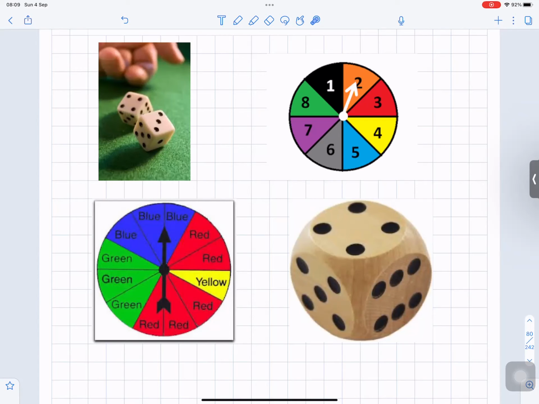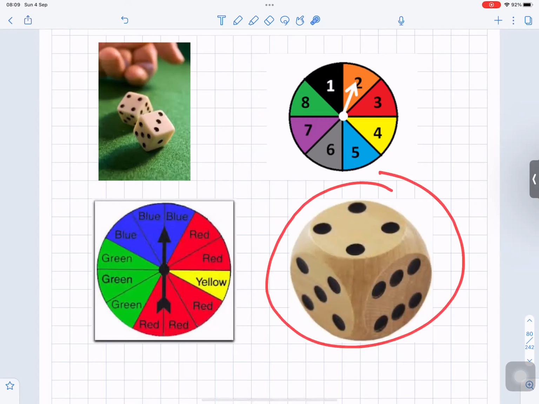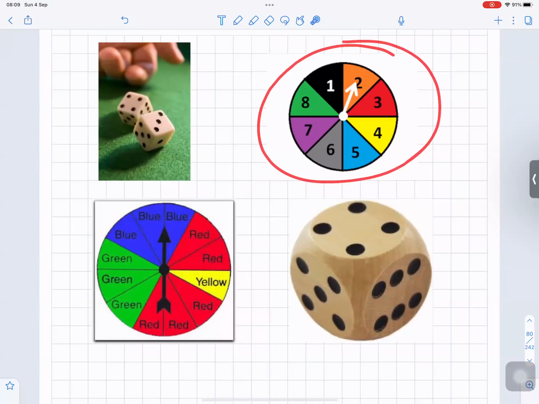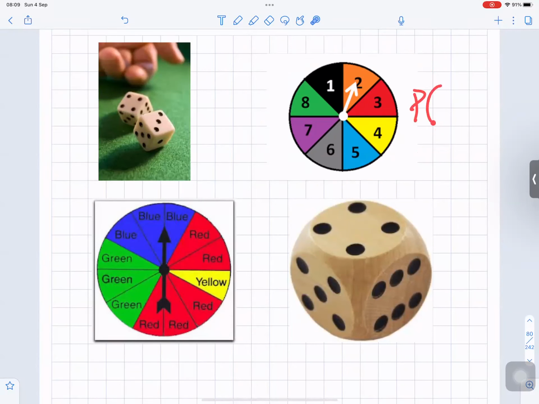An event is a collection of one or more outcomes. So an event could be when you throw this die, the event could be getting a 4, probability of getting a 4. Or if you spin this spinner, probability of it landing on 3.